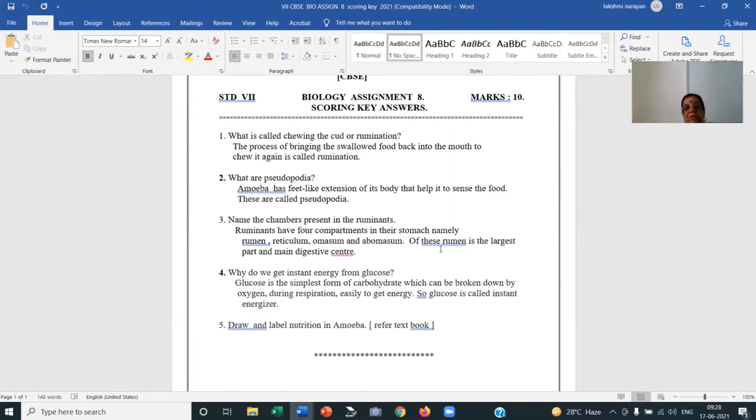So glucose is called the instant energizer. And the last question, draw and label nutrition in amoeba. You can refer to our textbook.